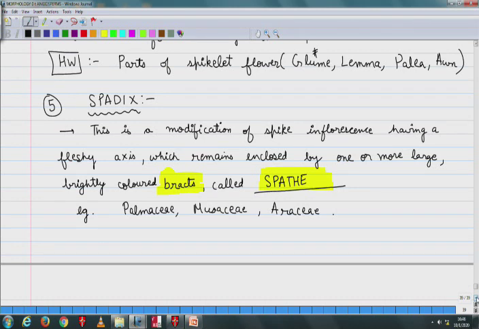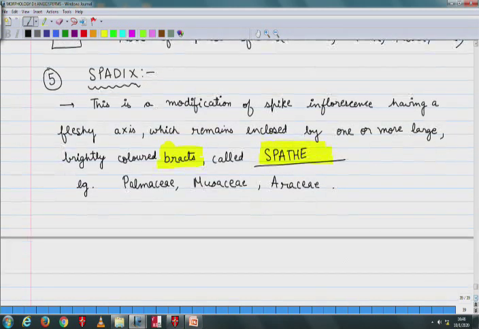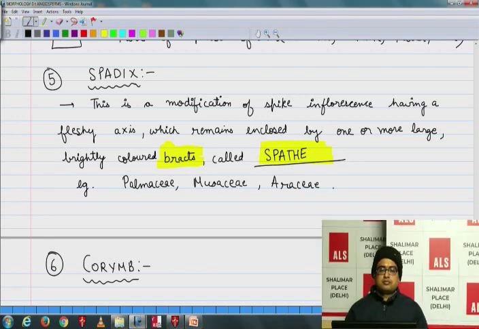This is done. Now please write the next heading. Corymb inflorescence.